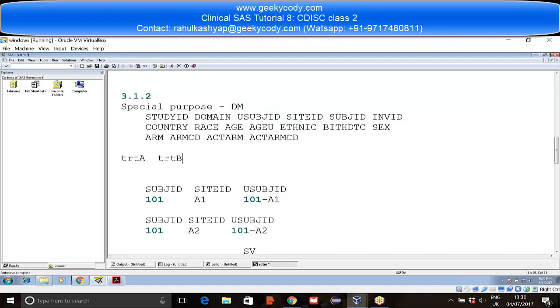Yes, Priya. To the subject they said they are going to give treatment A. This is planned. But actually they are giving treatment B. So this is the planned treatment and this is the actual treatment.